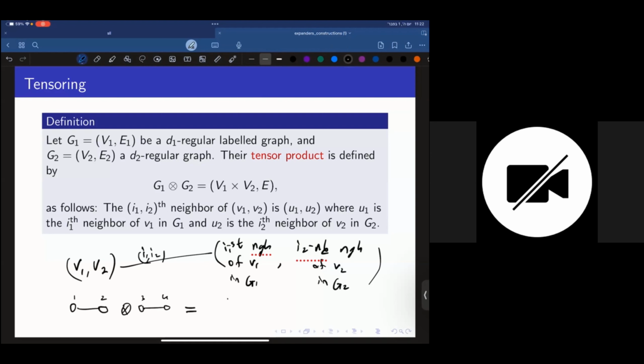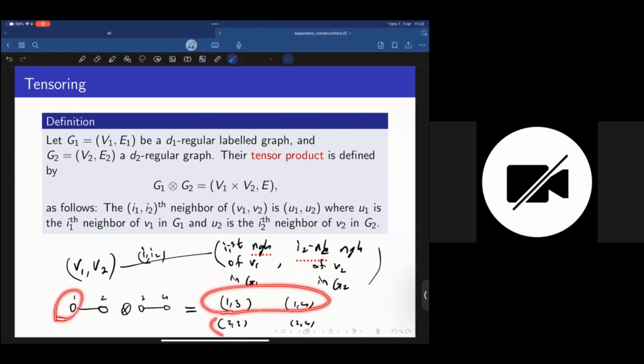So here you will have the vertices (1,3), (1,4), (2,3), (2,4), and maybe one way to think about it is this cloud and that cloud. Here it's so small that I can't even benefit from that.